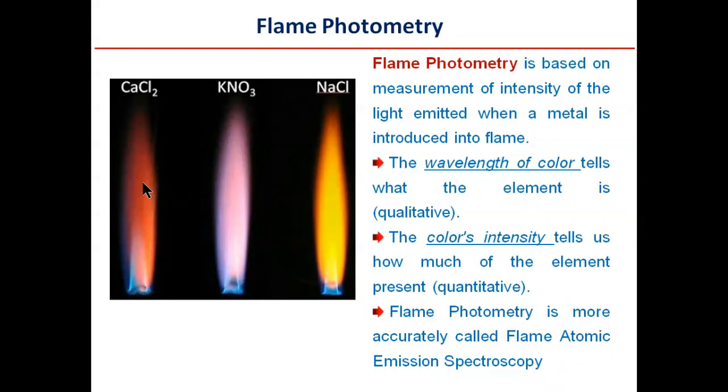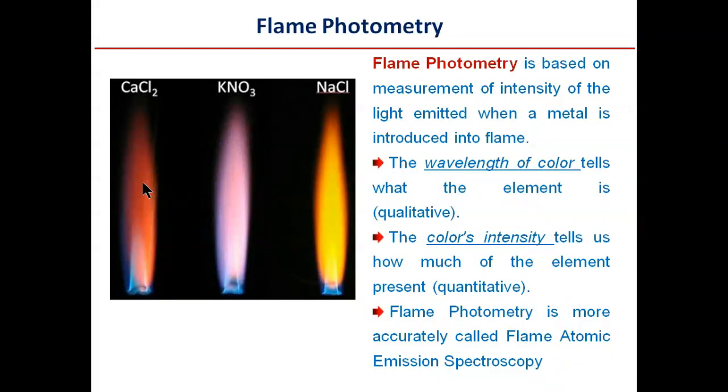Well, flame photometry is based on measurement of intensity of the light emitted when a metal is introduced into the burner flame. So it is totally based on the measurement of intensity of the light emitted when a metal is introduced into the flame.